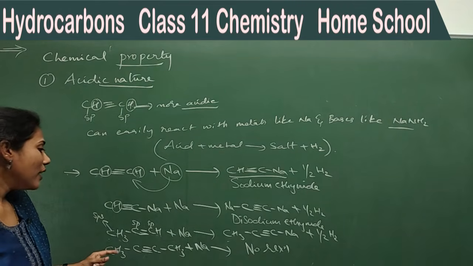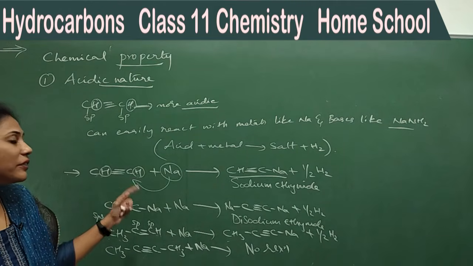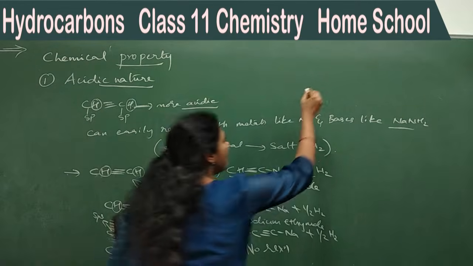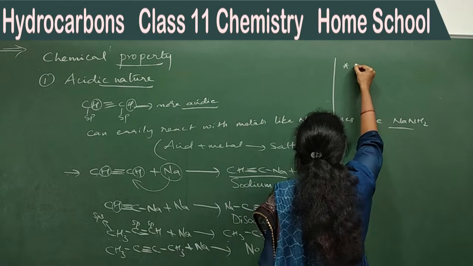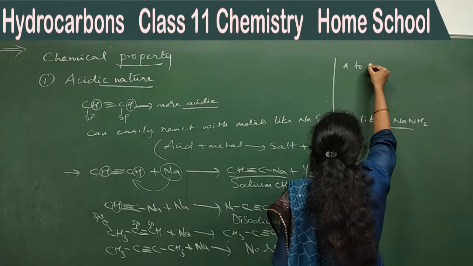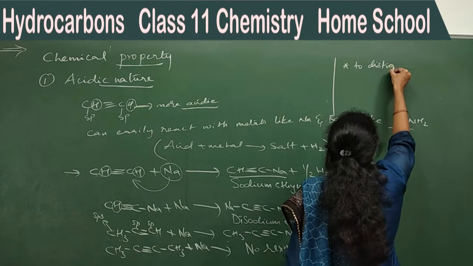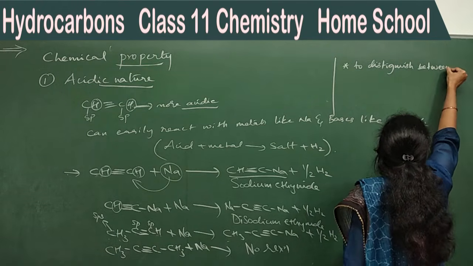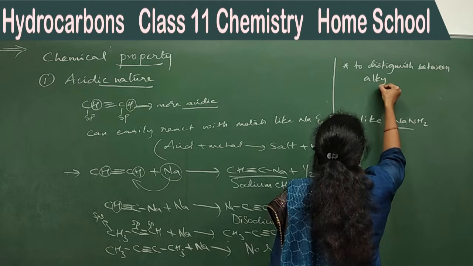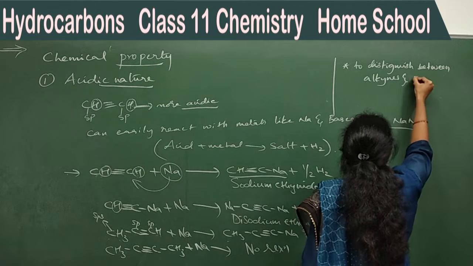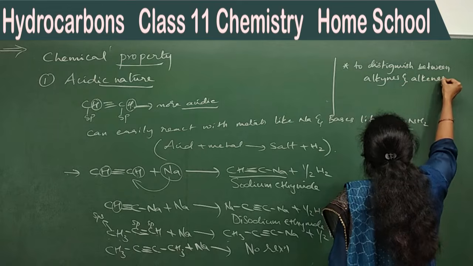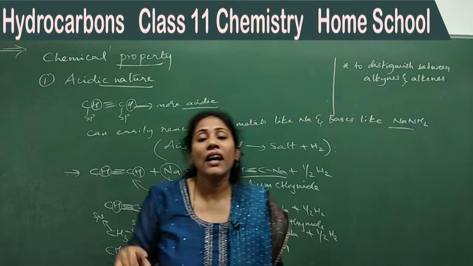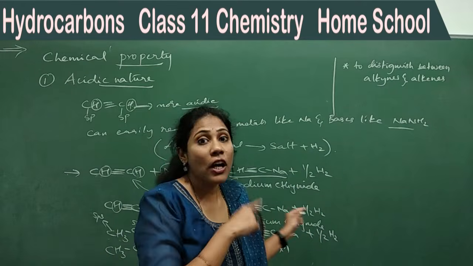Clear? So this is how alkynes react with metals and bases, right? And actually these reactions can be used to distinguish between alkynes and alkenes. Actually both are unsaturated compounds. You know, most of the reactions are common for alkynes and alkenes, but not this reaction.